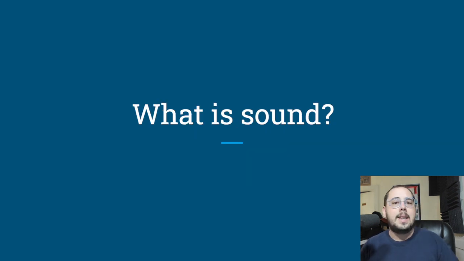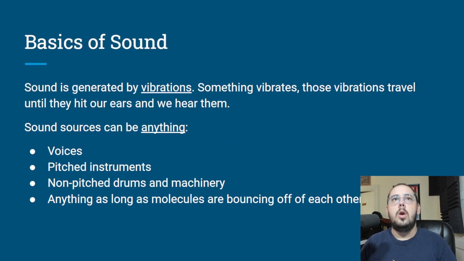So, what is sound? Well, sound is vibrations, things vibrating. That's really all it is. Something vibrates, usually your voice or a speaker of some kind in our modern days, and then those vibrations travel through the air or whatever until we can hear them.